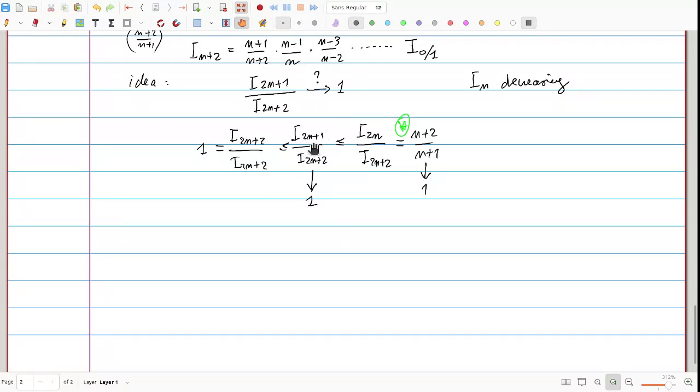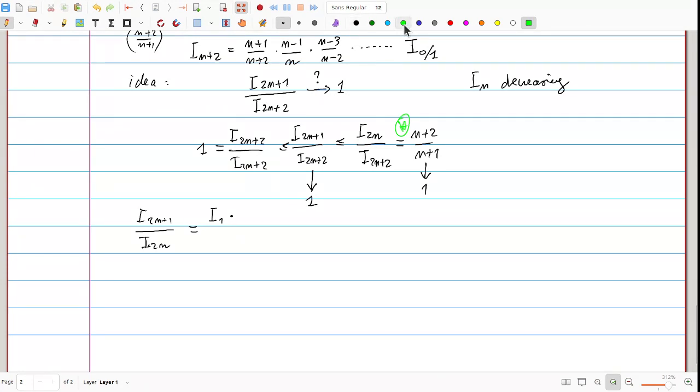So now we can write this ratio and see what happens. I_{2n+1} divided by I_{2n}. The odd term is I_1 times the next one.